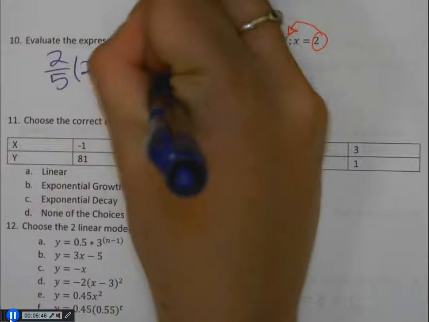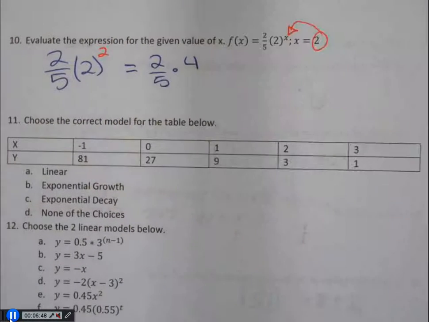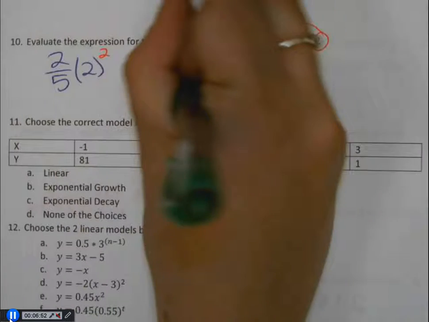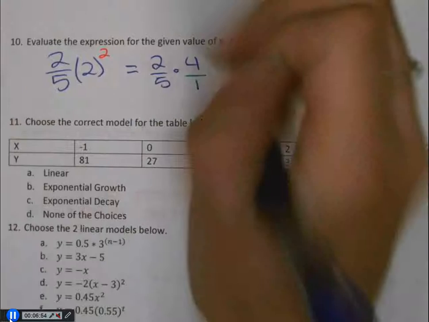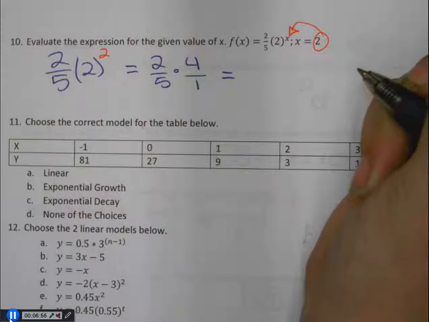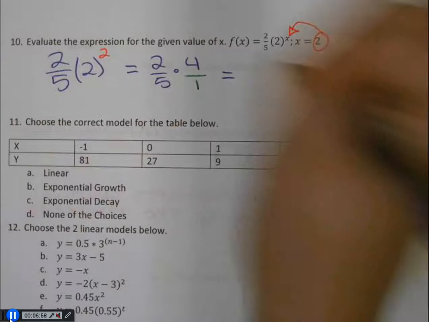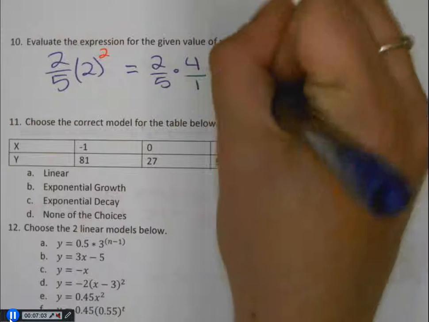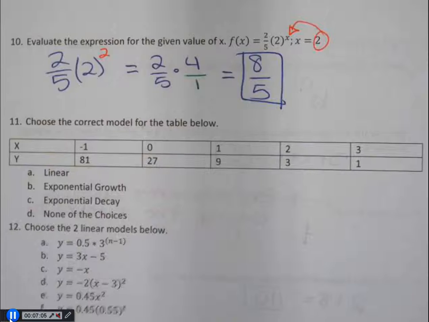So I have 2/5 times 4. And the 4 is over a secret 1, so I can multiply straight across. 2 times 4 is 8. 5 times 1 is 5. So my answer is 8/5. Questions on number 10?